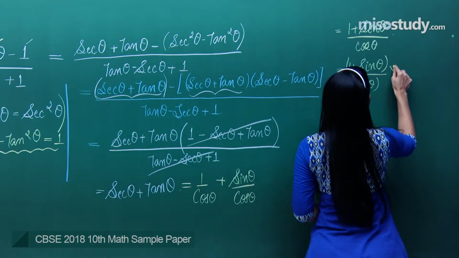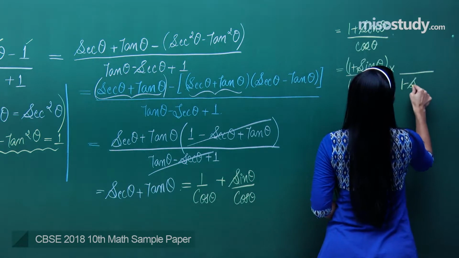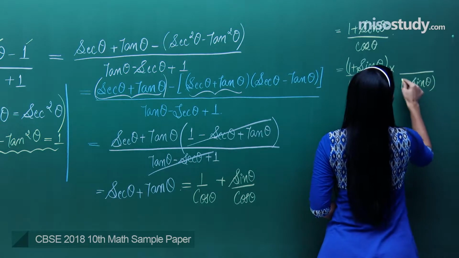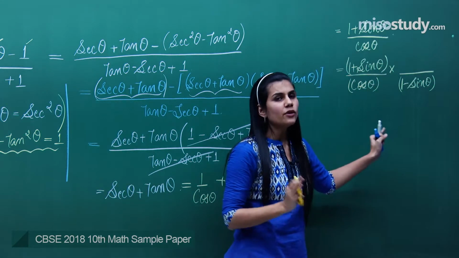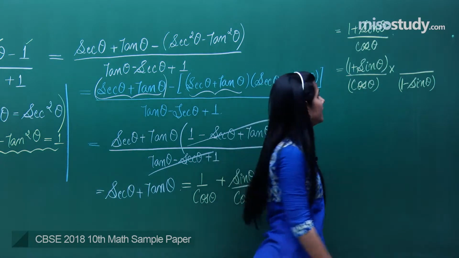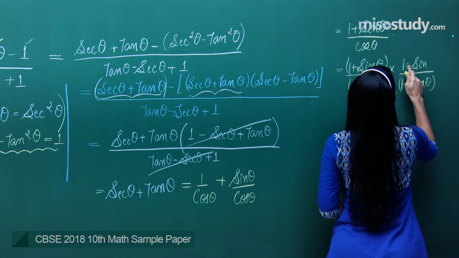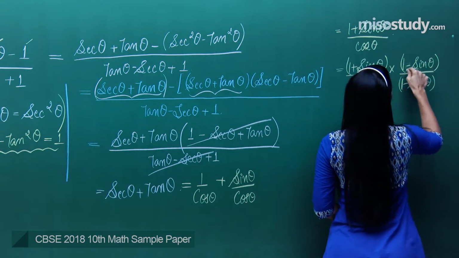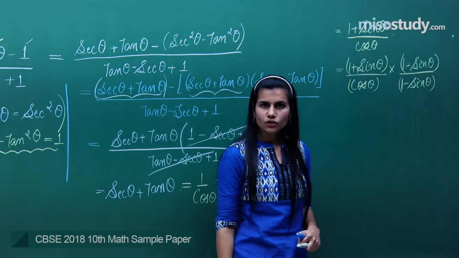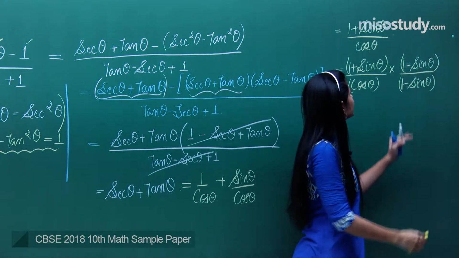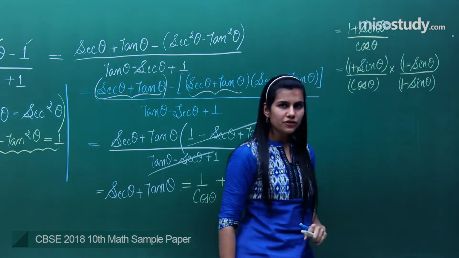Now you want in the denominator something like 1 minus sin theta. So let us take 1 minus sin theta in the denominator, and therefore we will have to take 1 minus sin theta in the numerator as well, right? So that these two things cancel out and I again get my original expression.